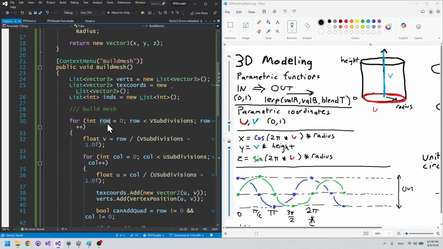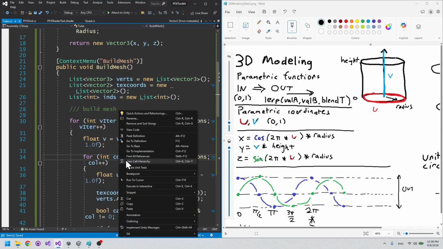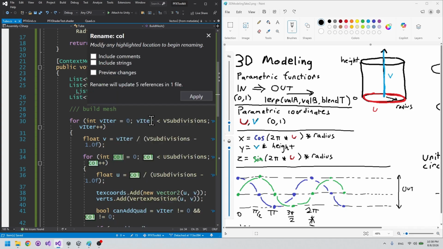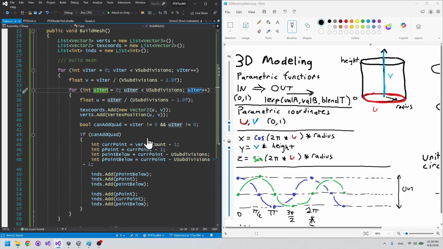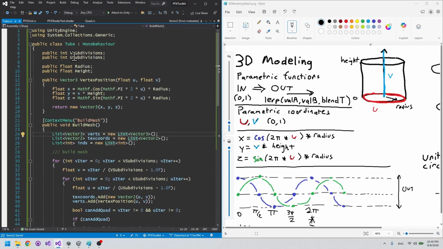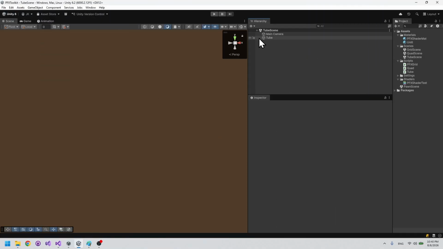Right, and then we could do the same thing here. We could call this v iter, and we could rename this to u iter, right? But we're just fiddling around. We already have the whole tube script now. And actually, speaking of minor changes, I kind of want to have u come before v. But all right, let's test this out.